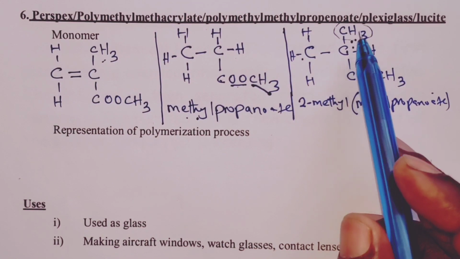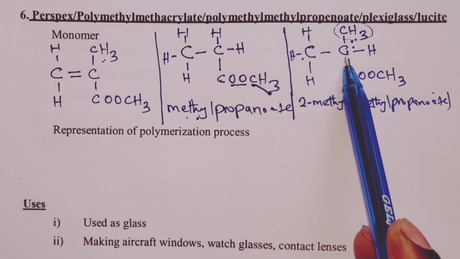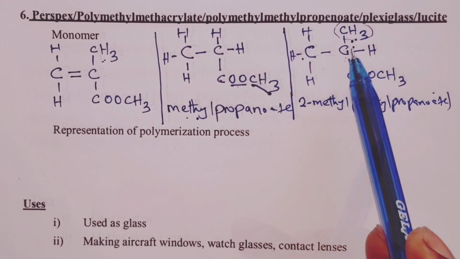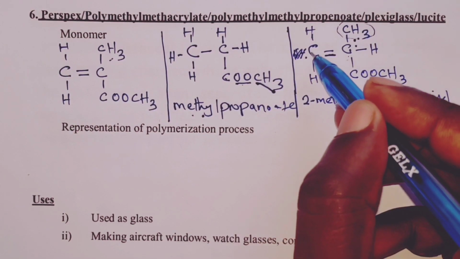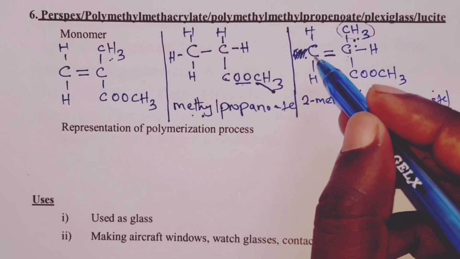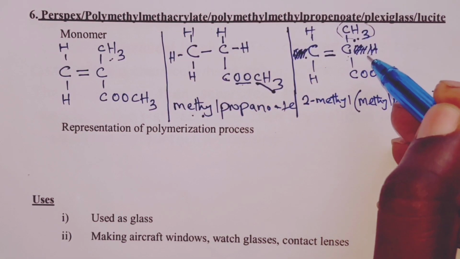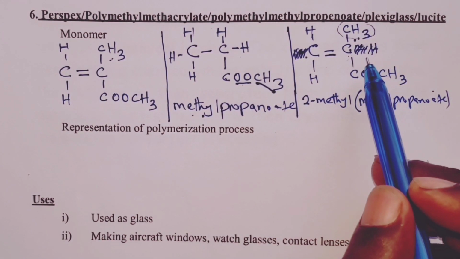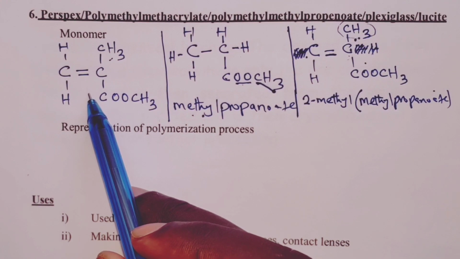Now if you look at our monomer, it is exactly the same as my structure 3, only that we are introducing a double bond, and then one hydrogen will have to be let go from carbon 1, and this other one from carbon 2 will also be let go. So then this is now exactly the same as our monomer.